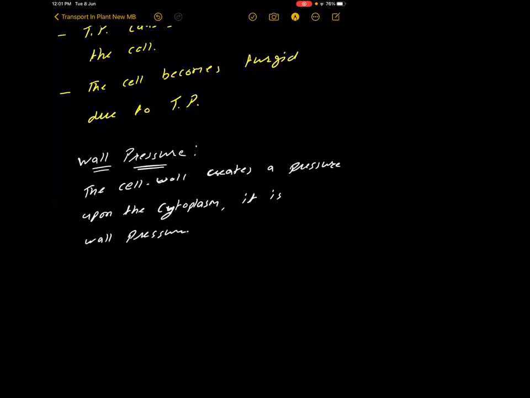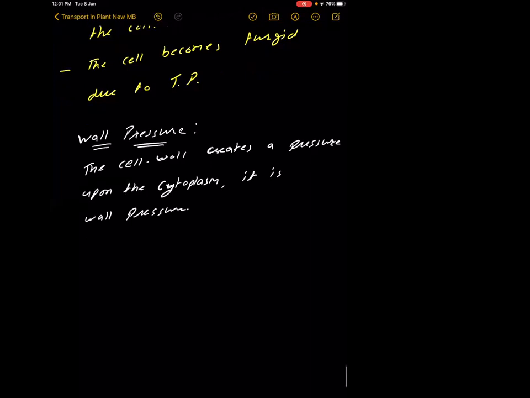This is wall pressure. Turgor pressure and wall pressure.